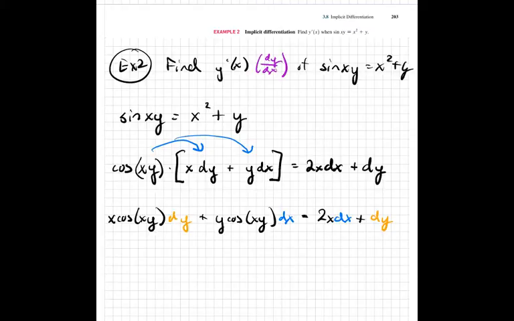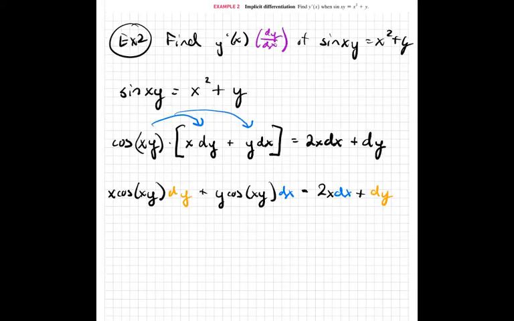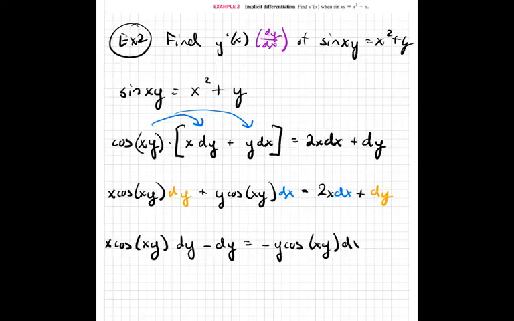So if we move the dy's to the left, we're going to have x cosine of xy dy minus the dy from the right, equals, if we move that y cosine xy to the right, minus y cosine xy dx plus 2x dx. There's a dy and dy, we got this guy and this guy.